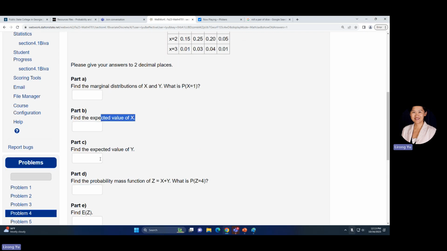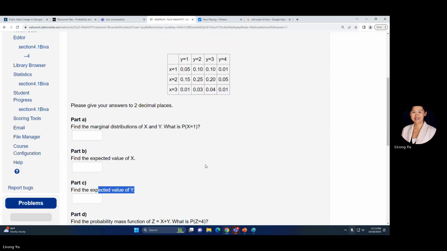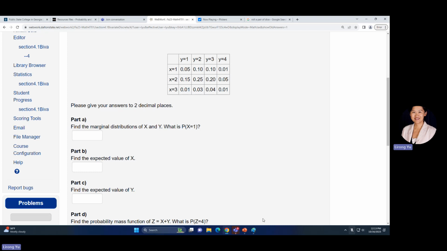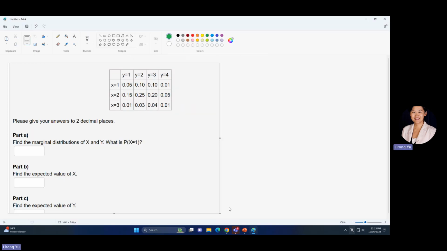One of the things is to calculate the expected value. All right, so let's go by an example for the calculation of the expected value. Let's try x. For example, how do we calculate the expected value for x?